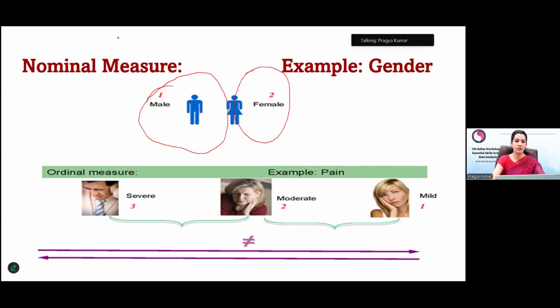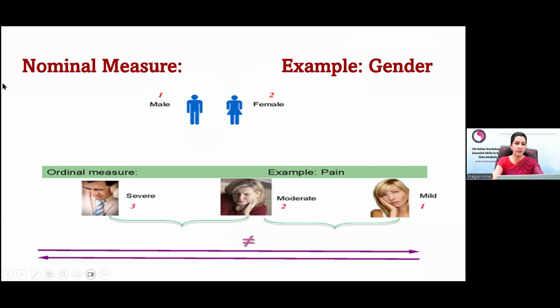Second comes your ordinal measure. In ordinal, if you see, there is an order. There is mild, there is moderate, and there is severe. If you take the example of pain, pain has three levels, and pain perception is a little subjective.